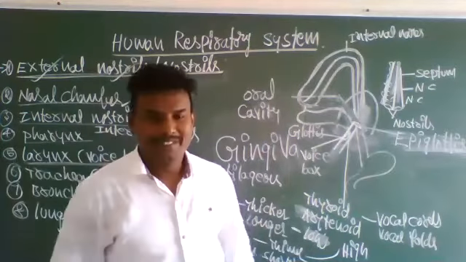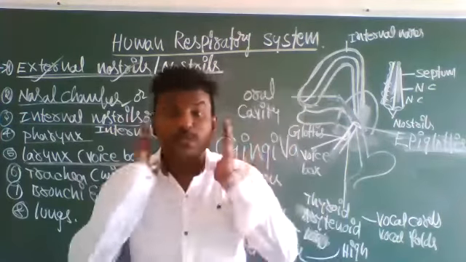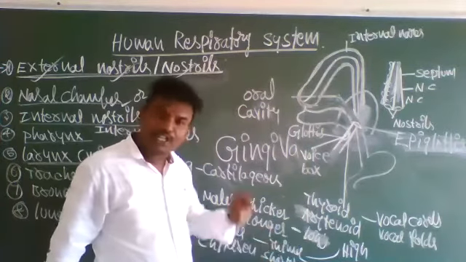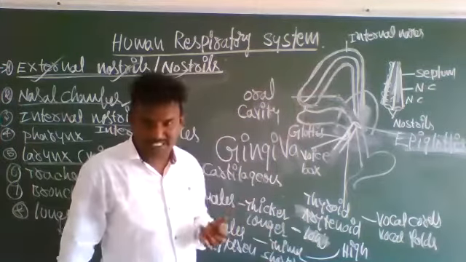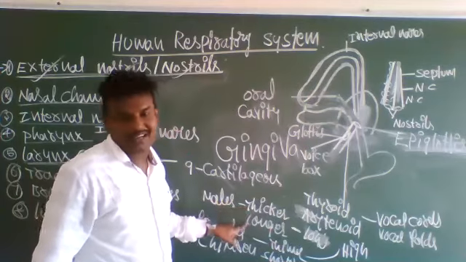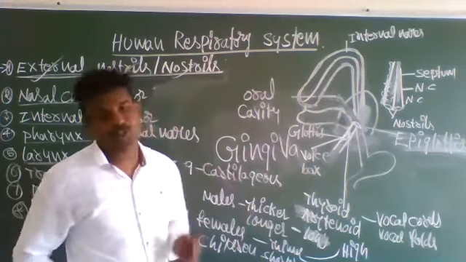That's why generally, if children shout, we are unable to bear it, because their vocal cords are thin and short and produce high pitch voice. Whereas in males, the vocal cords are thicker, longer and produce low pitch voice.